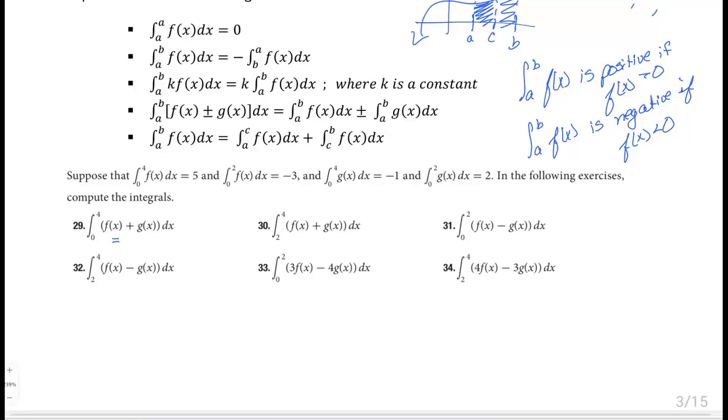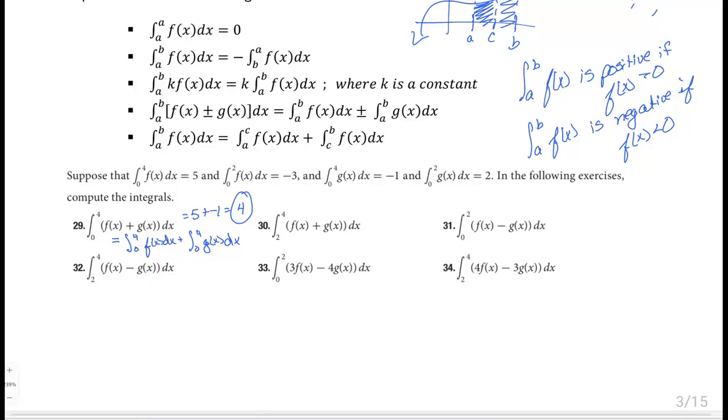We could think about splitting this up as integrating from 0 to 4 of f plus 0 to 4 of g. And then I know each of those. 0 to 4 of f is 5. And 0 to 4 of g is negative 1. So I'm going to get a value of 4 for that one. So you see how we're using the properties to help us out there.